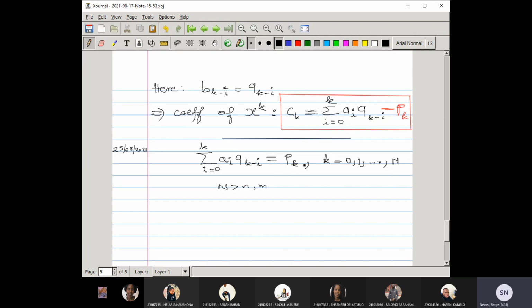But we need to bear in mind that this pk exists for k taking the value 0, 1, up to n. So, let me call this equation 1.